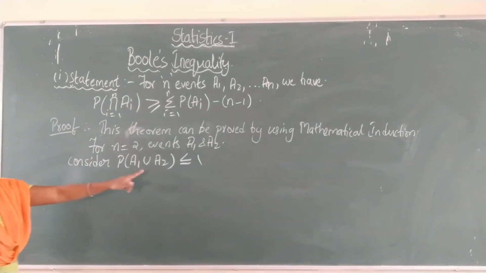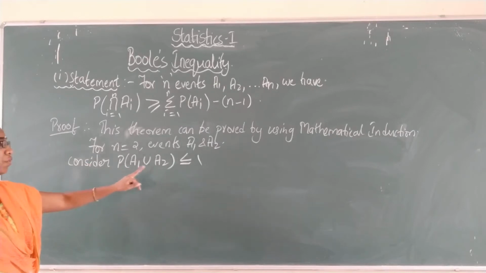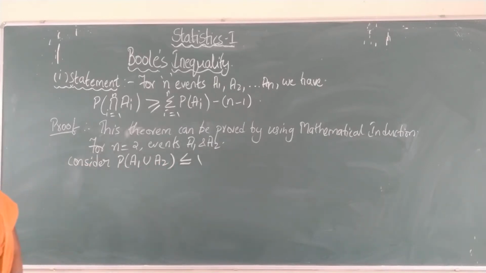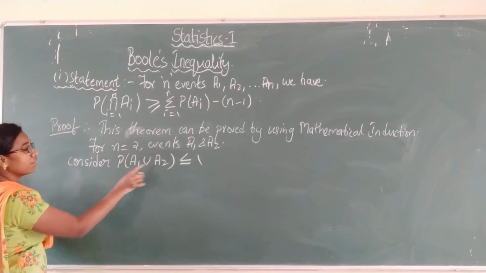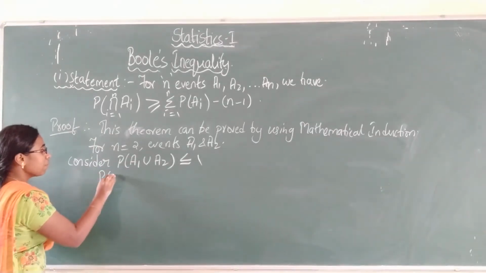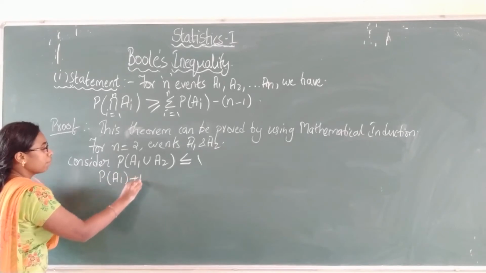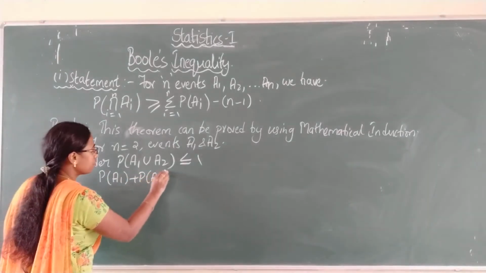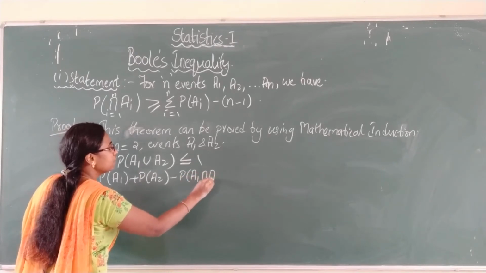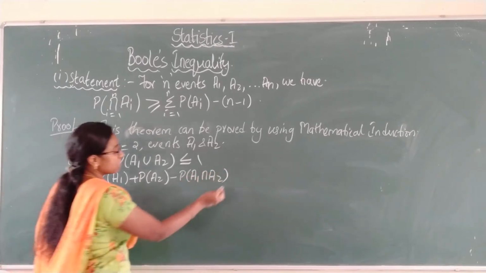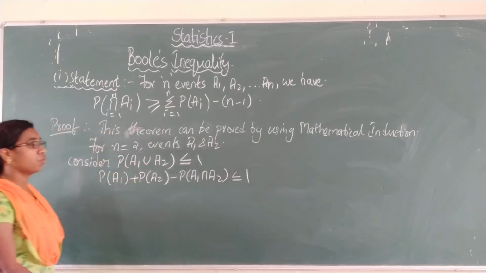So I am considering the event A1 union A2. P of A1 union A2 is less than or equal to 1. We have written in the properties also that for two events, P of A1 union A2 can be written as P of A1 plus P of A2 minus P of A1 intersection A2, and this value is less than or equal to 1.